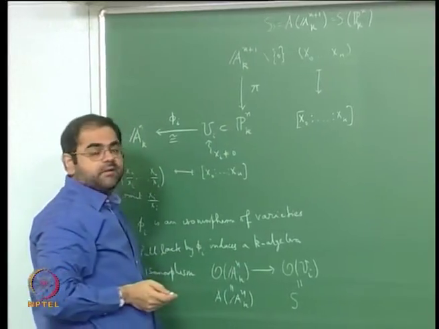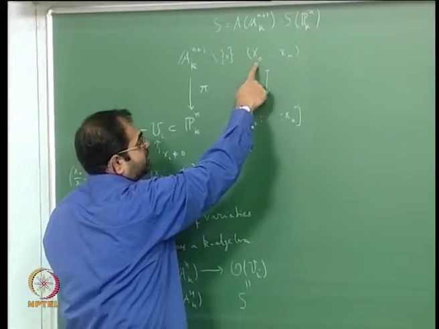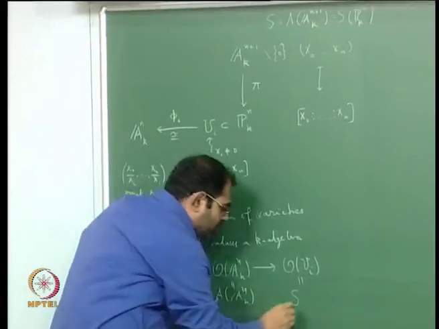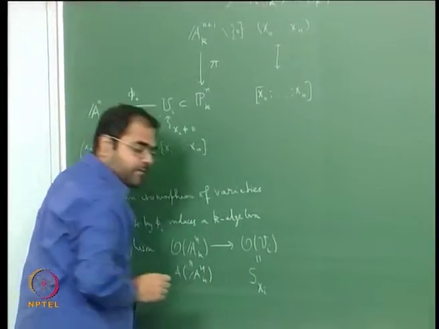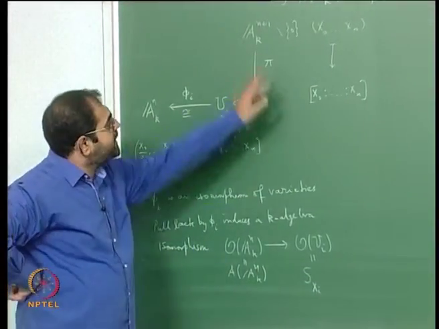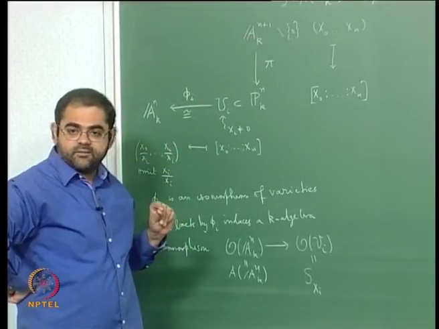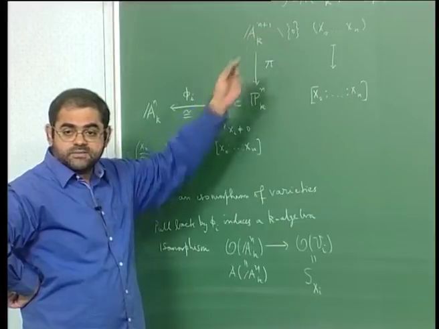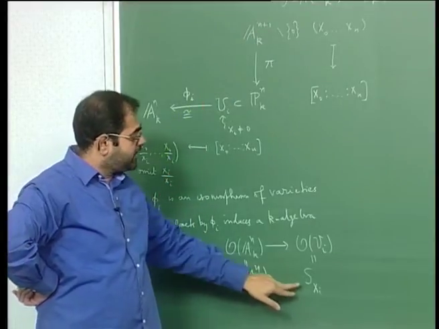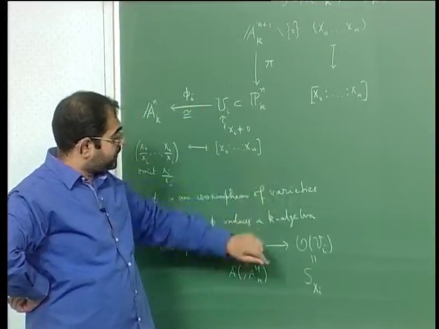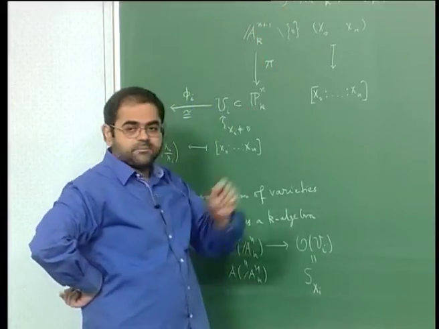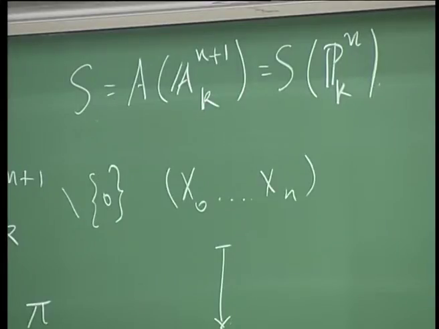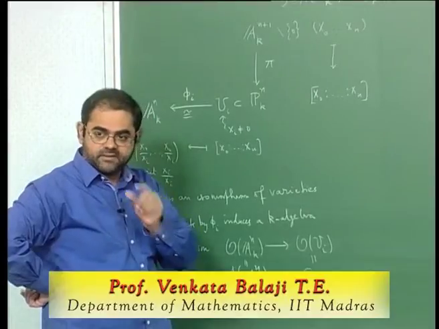That's just the polynomial ring in the variables x0 to xn. You localize it with respect to xi, okay, and S has a grading. There is a natural grading on S, which is given by degrees of homogeneous polynomials. Every polynomial in S breaks up uniquely into its homogeneous components, and each homogeneous component has a fixed degree.